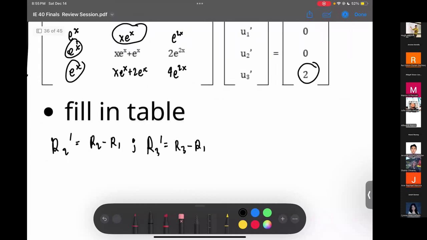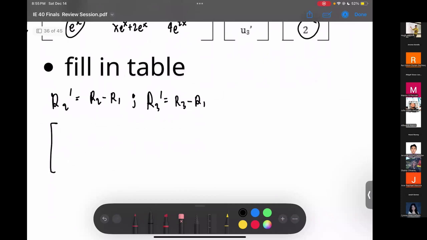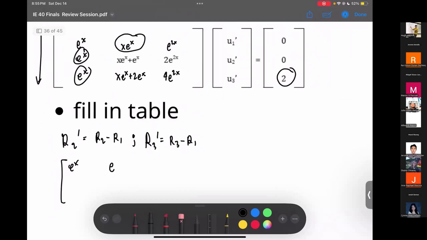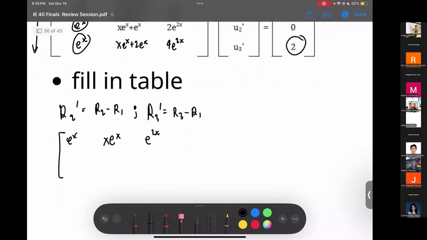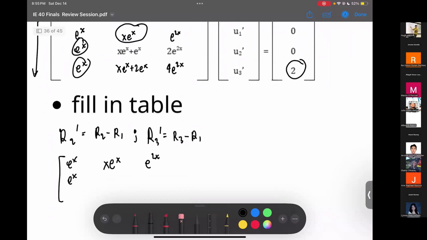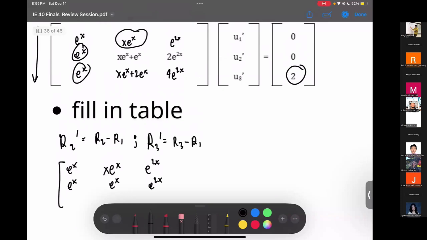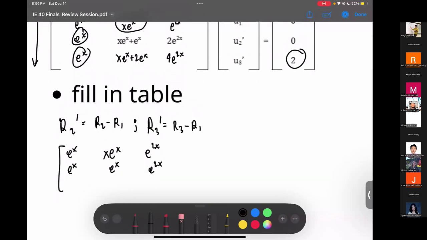This will end up being very convenient kasi what will then happen is you have e to the x, x e to the x, and then e to the 2x, and then you have e to the x, this will be e to the x na lang, and this will be e to the 2x na lang. Kasi 2e to the 2x minus e to the 2x. And then same thing here.